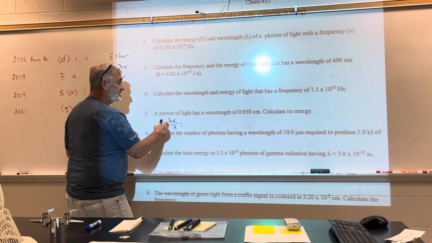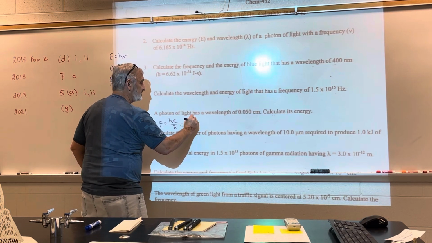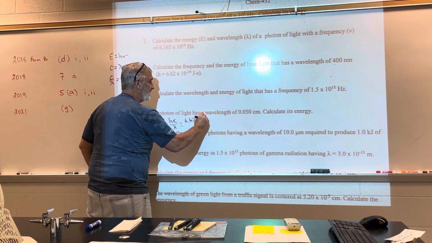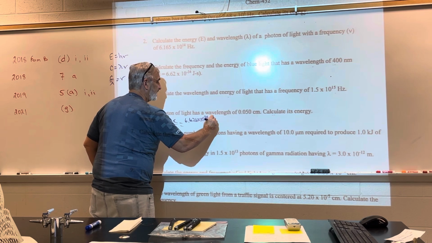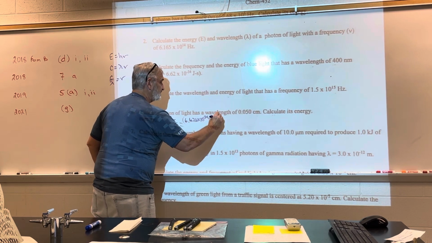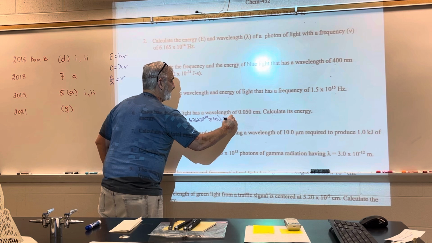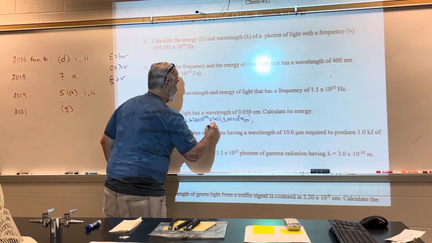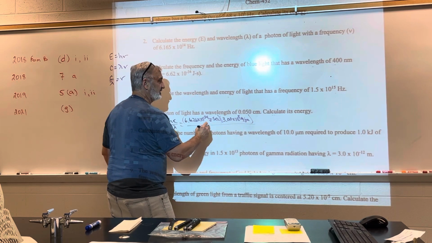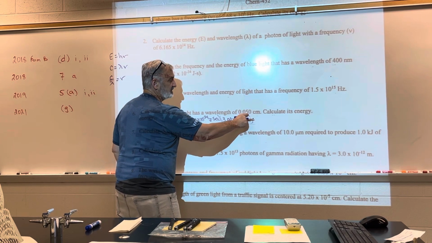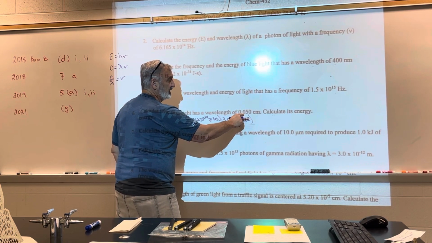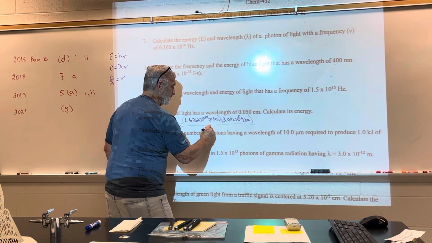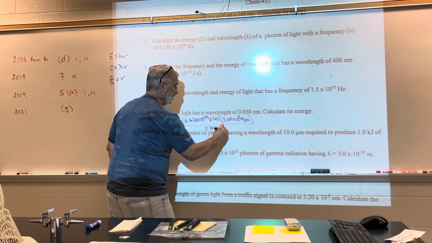The constants are both given: 6.626 times 10 to the minus 34 joule seconds times 3.00 times 10 to the 8 meters per second, divided by the wavelength. Changing 0.05 centimeters, we move it 2 more places, so there are 3 zeros, in meters.